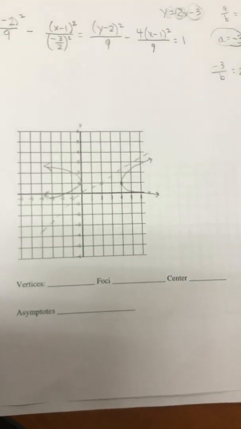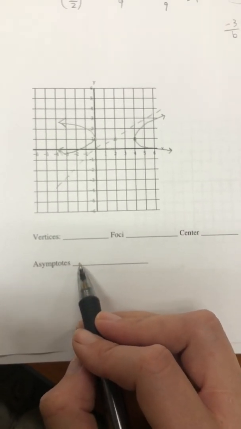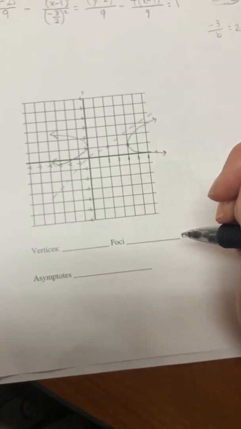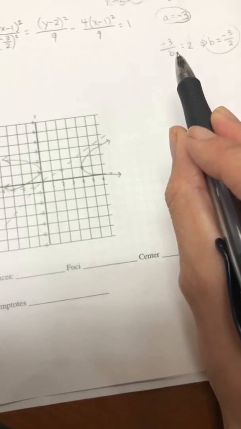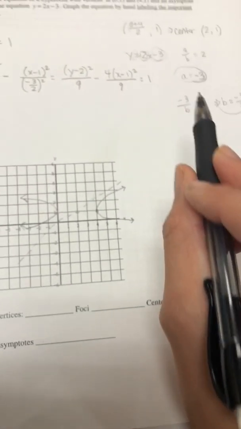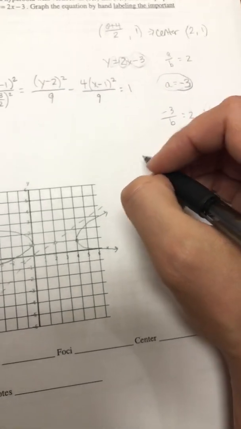And then you're going to use the equations we've been using for foci. We already have asymptotes. So the foci is going to be 0 plus or minus c, which you're going to find by doing a squared plus b squared.